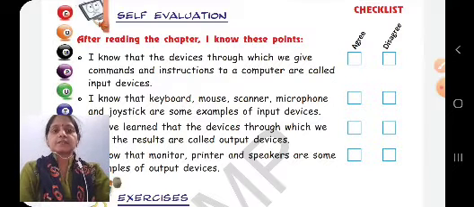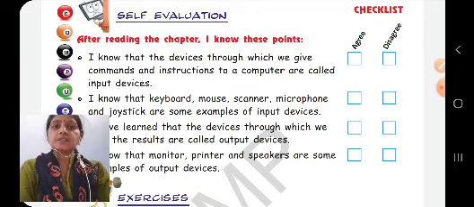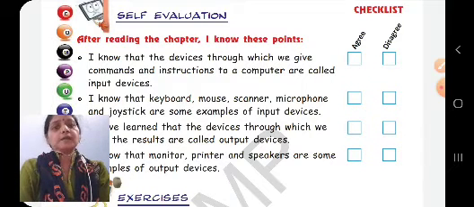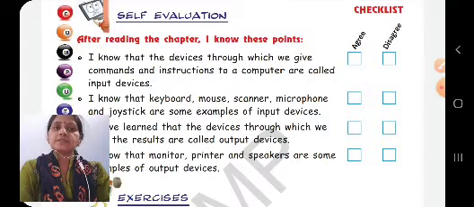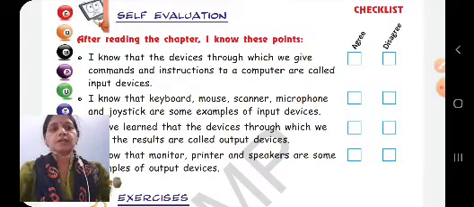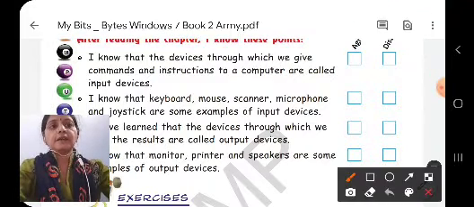As I told you, the set of instructions given to the computer in order to perform any work, it may be in the form of information, instruction, commands, are called input, and we use some of the devices to give the input, called input devices. So children, we agree with the first statement given under self-evaluation. So we will put a tick in the agree box.